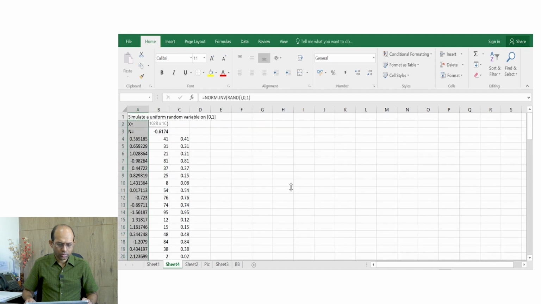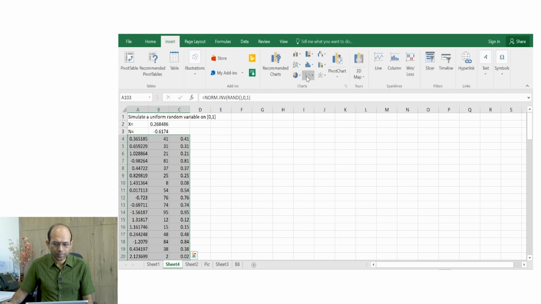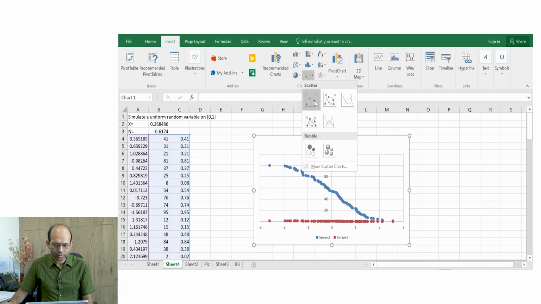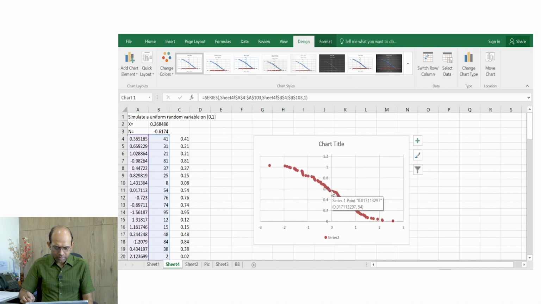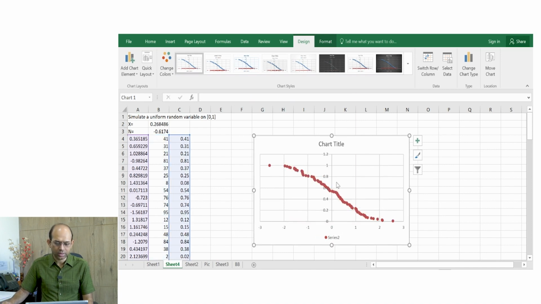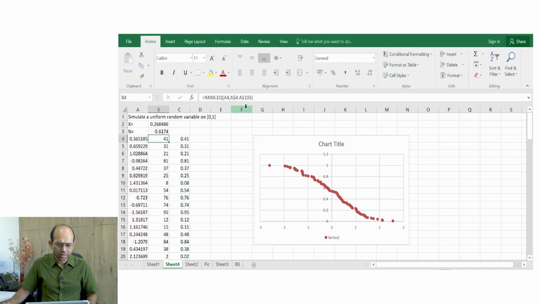So now we just insert a scatter plot. This thing I don't need, so I just delete it. This thing I need. So it is coming in the reverse direction ranking.